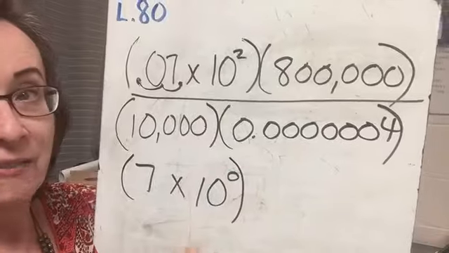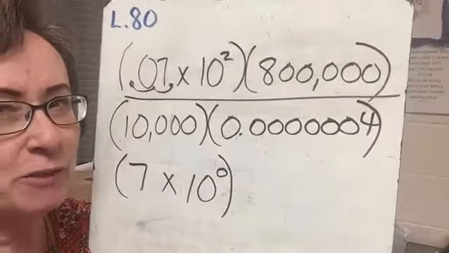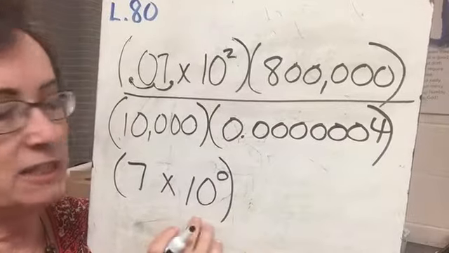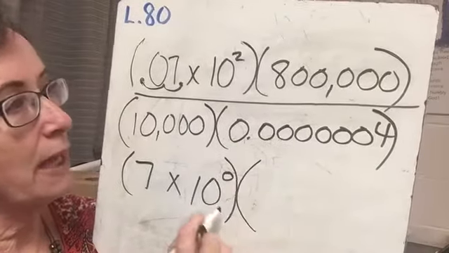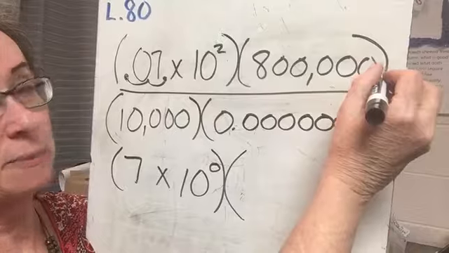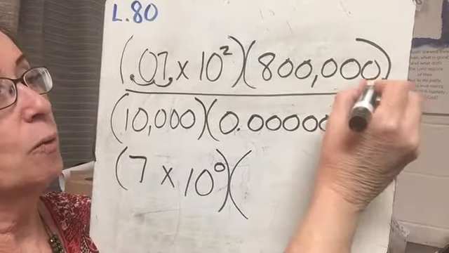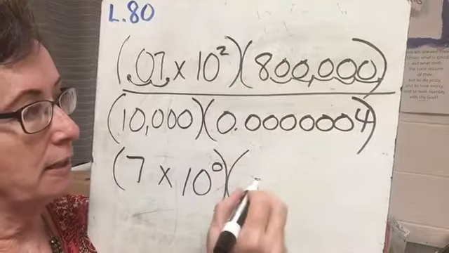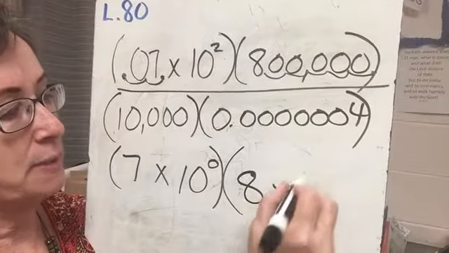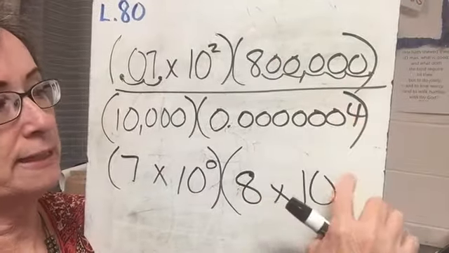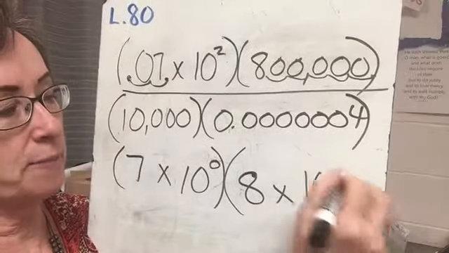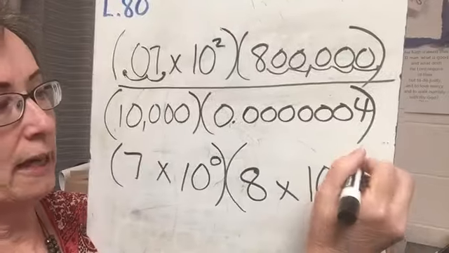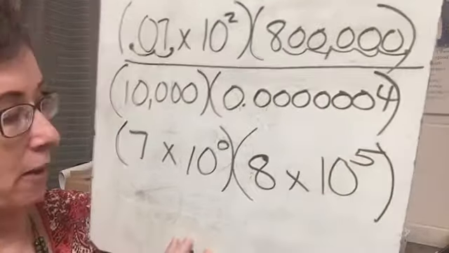But if you want to leave it there just so that you have all of your exponents accounted for, that's fine. All right, so then we have a decimal here at the end. 1, 2, 3, 4, 5 steps to the left. So 8 times 10, we need to move this exponent 5 steps to the right to take care of the 5 steps to the left we already made.